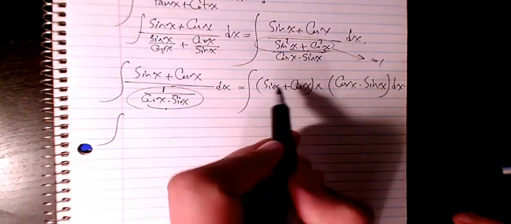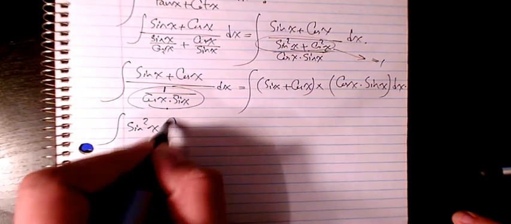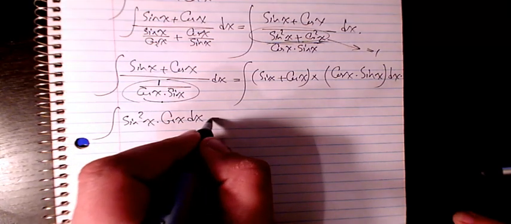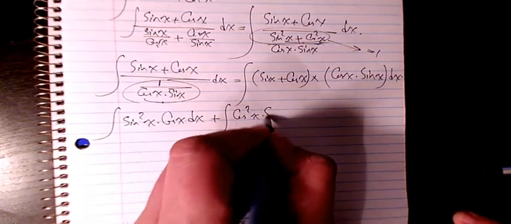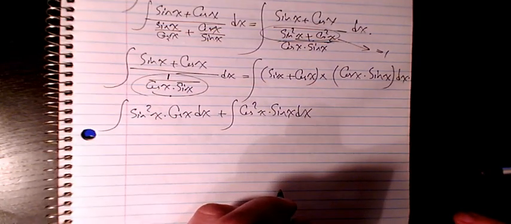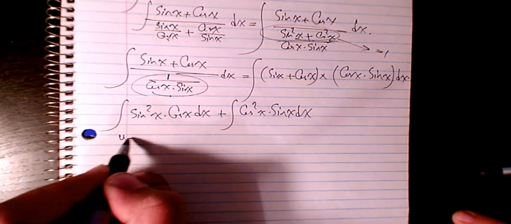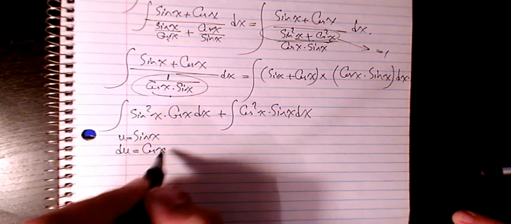Then when you multiply it, it's going to be sin squared x times cosine x dx plus cosine squared x times sin x dx. Then I will consider u as sin x, du will be cosine x dx.